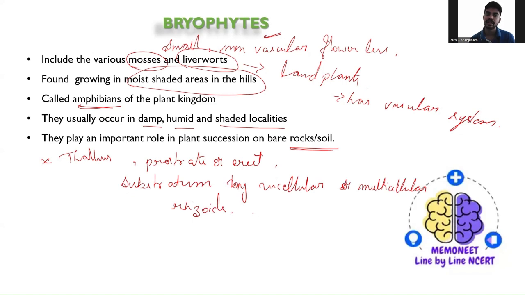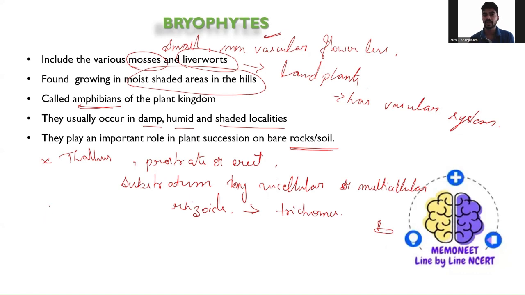What are rhizoids? They are actually an epidermal outer growth. So rhizoids are nothing but trichomes, an epidermal outer growth, and they are normally called rhizoids.